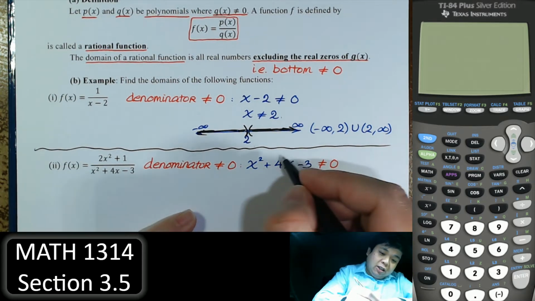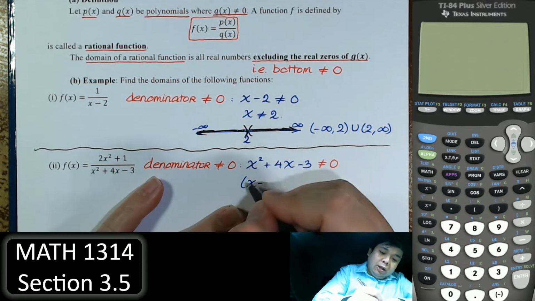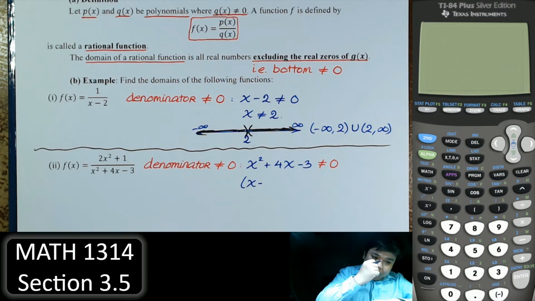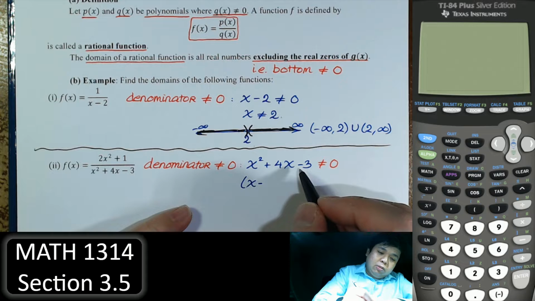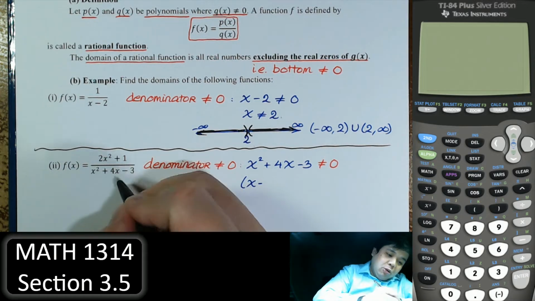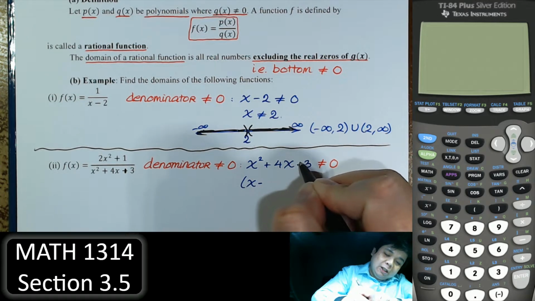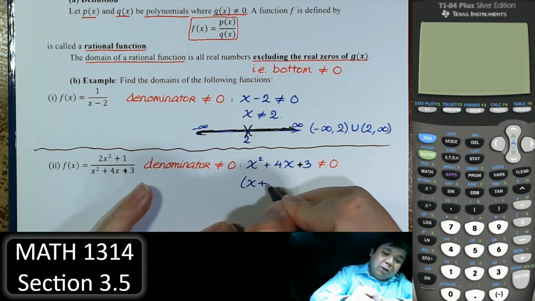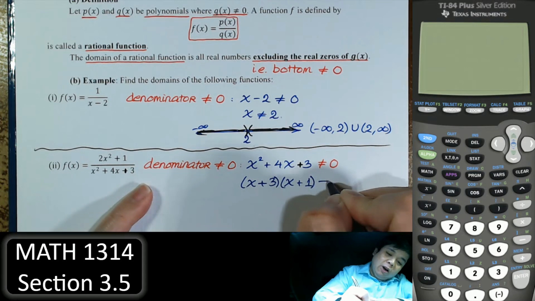Here I will factor to get to negative 3. Actually I think there's a typo here. I turn that to a plus. Right. So we have x plus 3, x plus 1 not equal to 0.